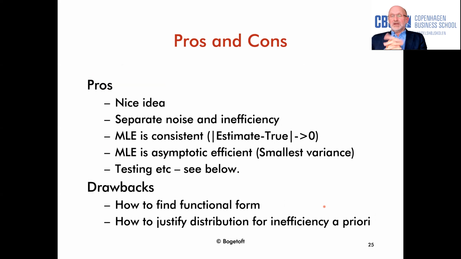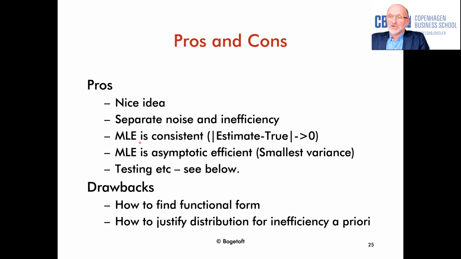It's a very nice idea, the maximum likelihood, and it's also statistically important because we know that it is consistent. As the data size increases, the difference between what we estimate and the true underlying parameters goes to zero.